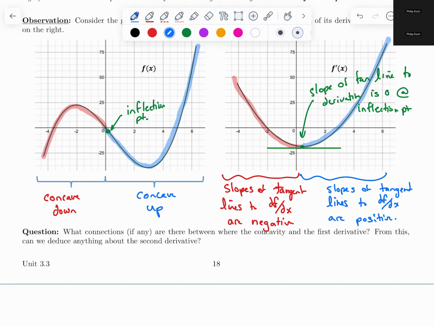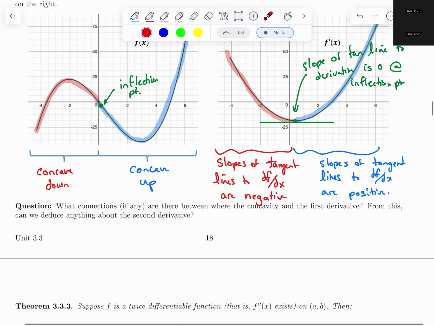So we have to remember the connection between f prime and f double prime. The second derivative is the derivative of the derivative. So if you're looking at the graph of the first derivative, the slopes of the tangent lines to that graph come from the second derivative.